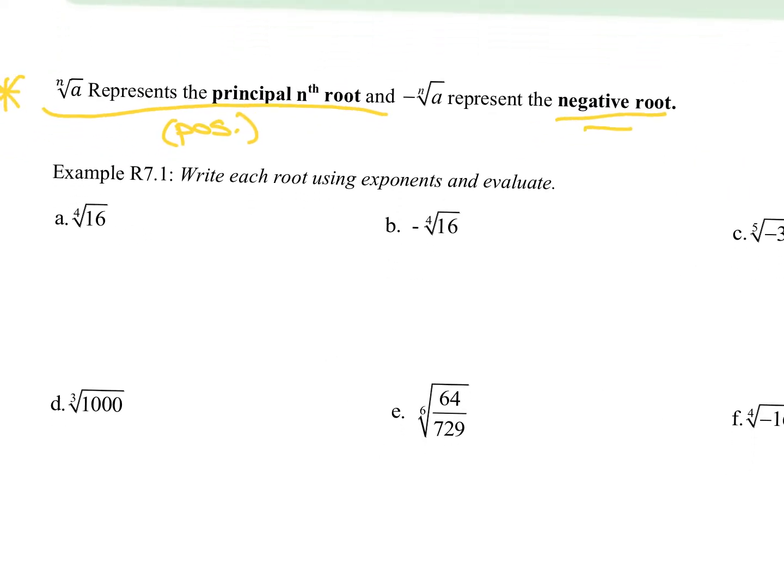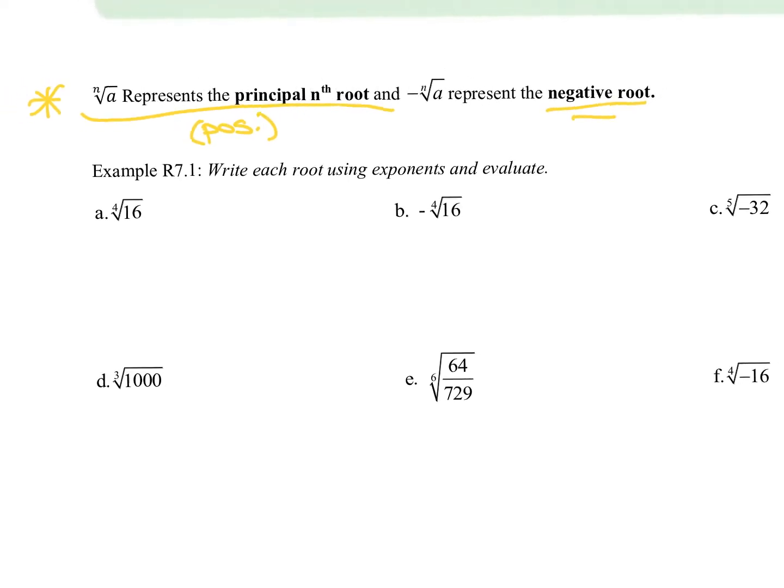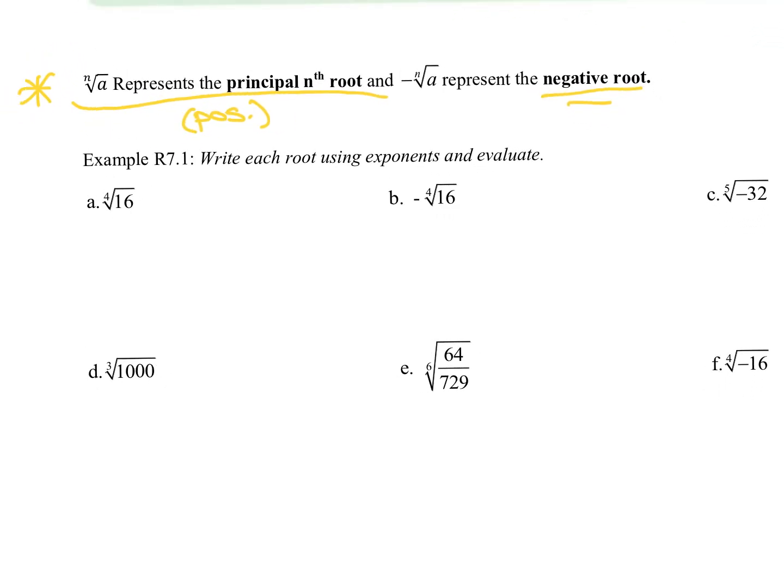So we're going to rewrite or write what we are given with exponents instead of roots, and we are going to evaluate. So if I do letter A, I can write that as 16. It has the first power, and it's the fourth root. 16 is 2 times 2 times 2 times 2.